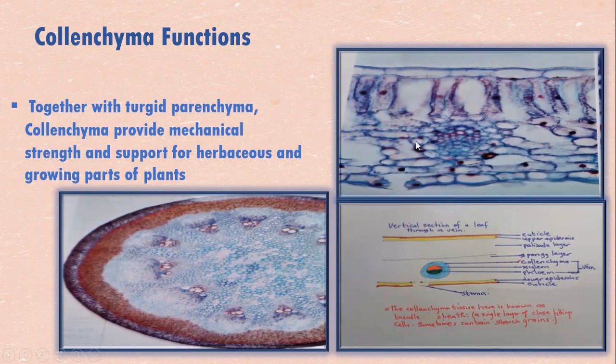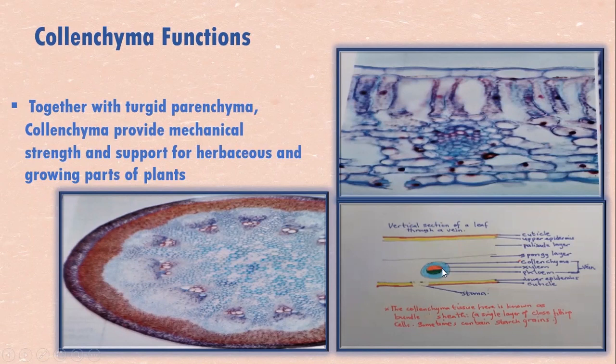Then also, they are found as strengthening tissues in veins of leaves. And so they are found as a close knit of cells around the vascular tissue of leaves. The vascular tissues are in the veins. If you look at this section, what we have here is called bundle sheath because it's just one layer of neatly closed cells, all right?